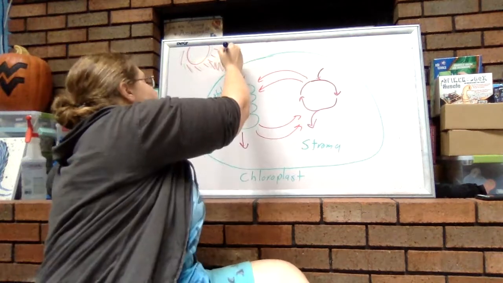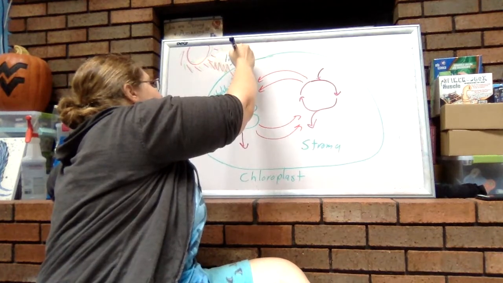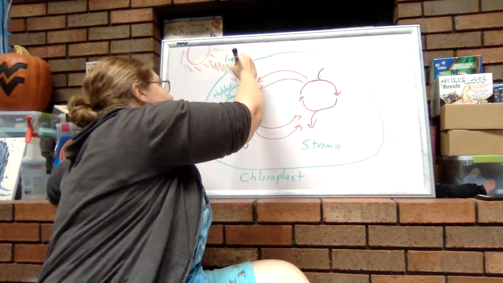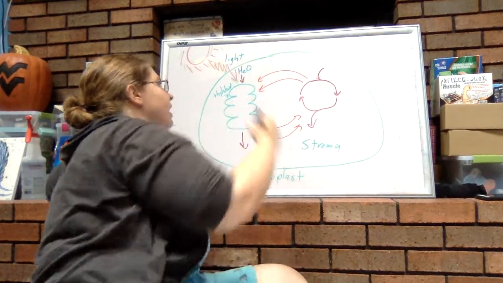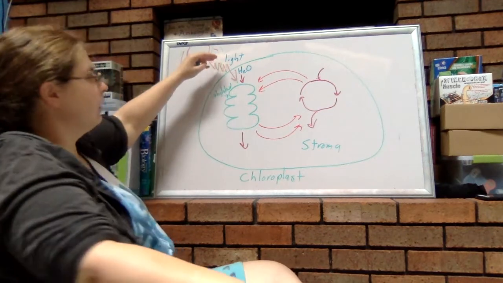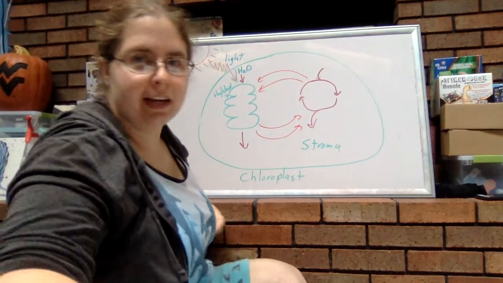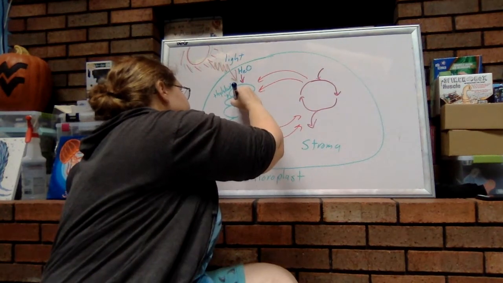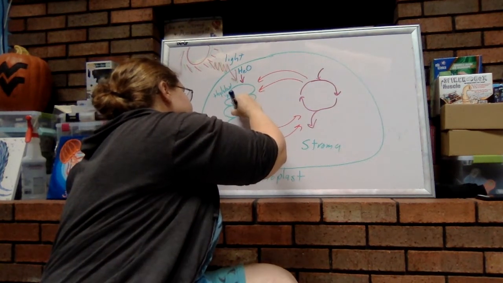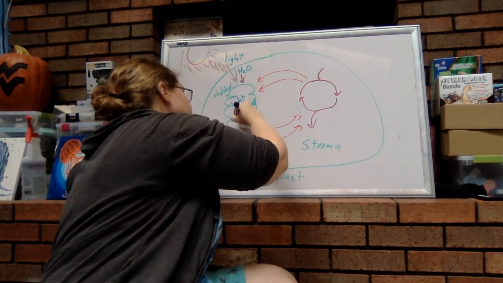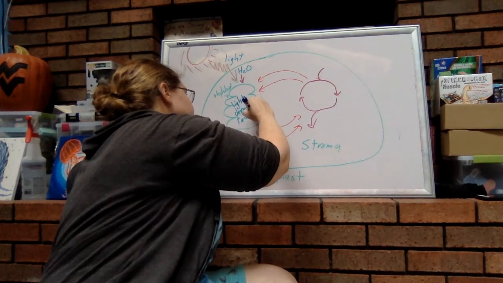So we have light coming in. We also have water entering the thylakoid. So water enters the thylakoid, light begins the reaction, and specifically the light dependent reaction.